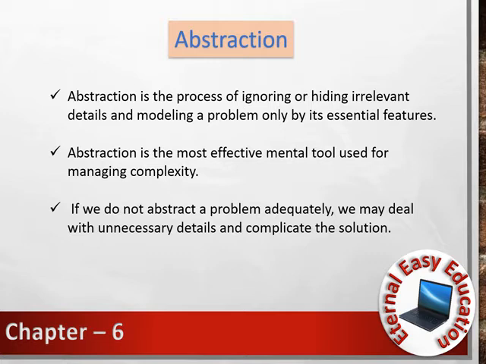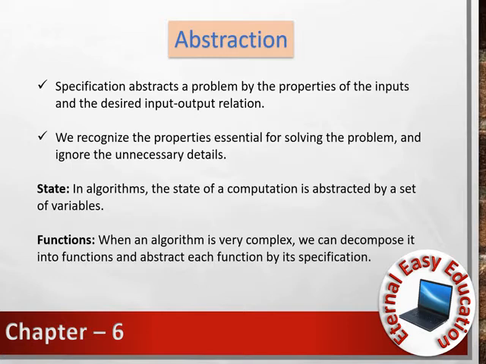So this abstraction concept is very important for real-time problems, to have only the essential features by the process of ignoring or hiding the irrelevant details. As we know, specification abstracts the problem by the properties of the inputs and the desired input-output relationship.